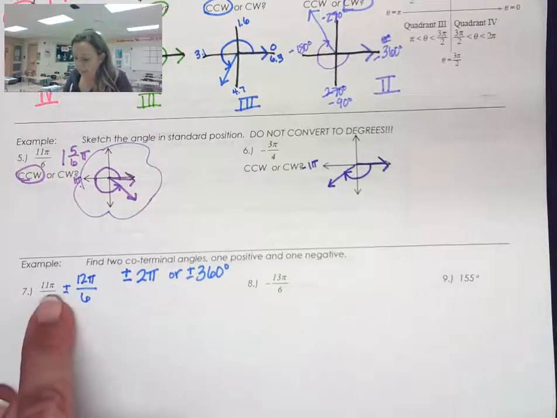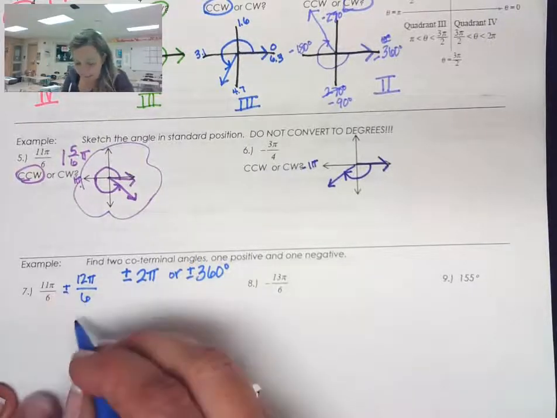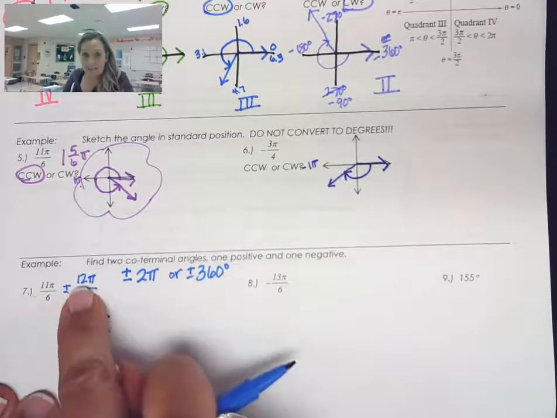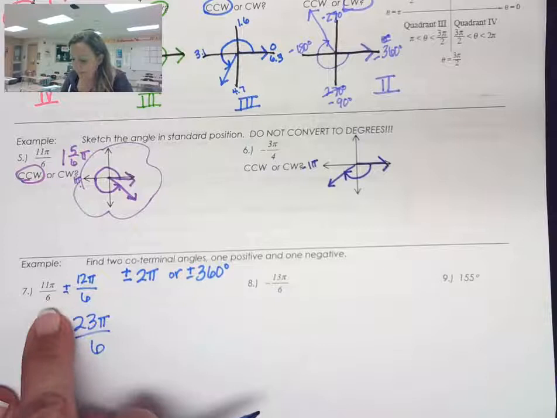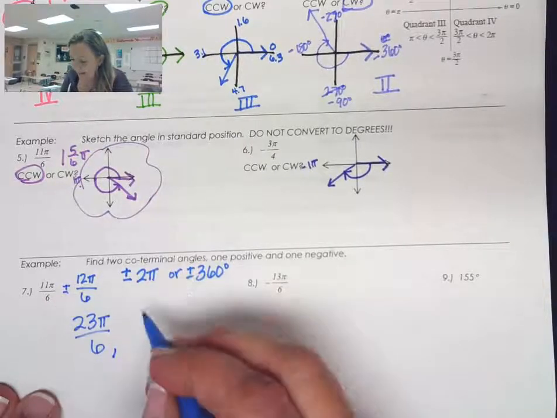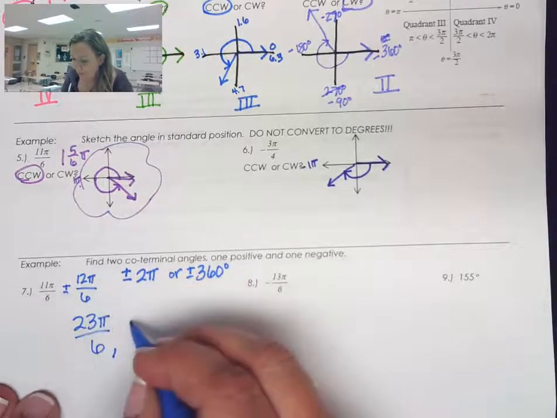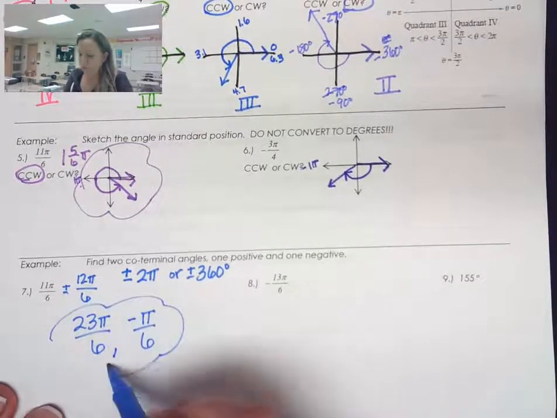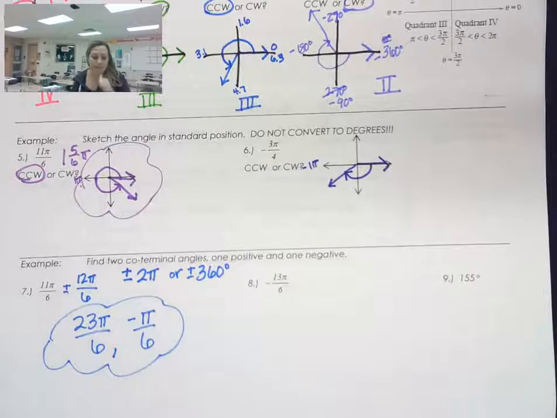So then I take 11 pi plus 12 pi would be 23 pi over 6 if I add 12 pi over 6. And if I take 11 pi over 6 minus 12 pi over 6, 11 minus 12 is negative 1 pi. Keep the denominator of 6. Those are your coterminal angles. One was positive, one was negative.